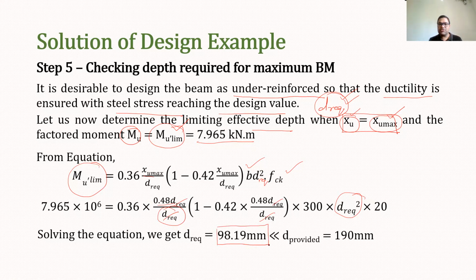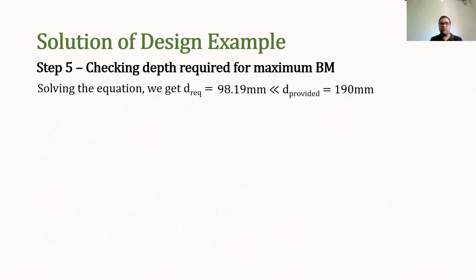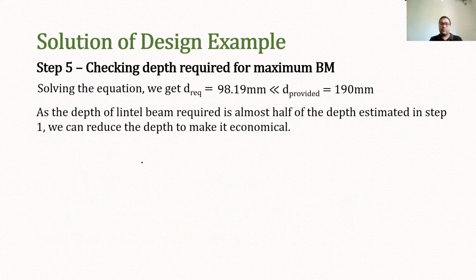So only this much depth is required to resist this much of bending moment. While you can see we have already provided D as 190 mm, which is almost double of the required depth. So in that case, to make our lintel economical, we can reduce this depth.